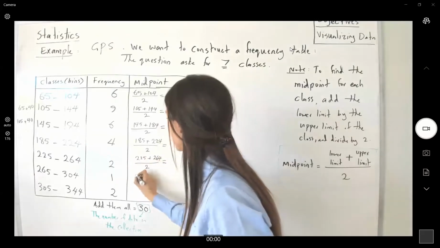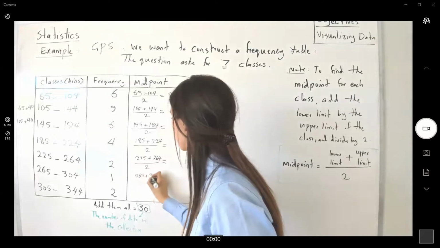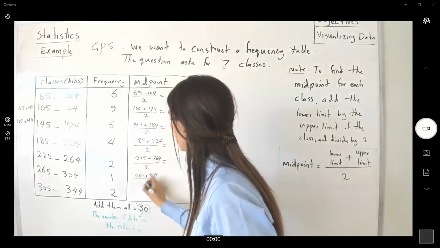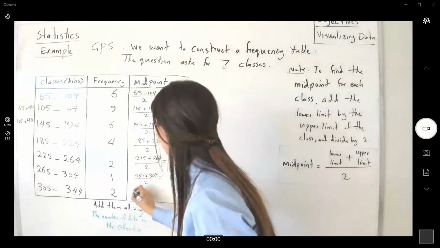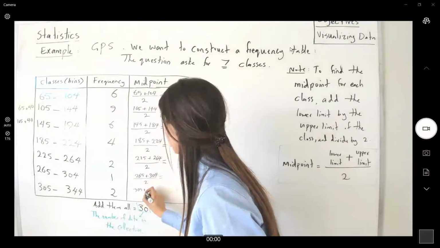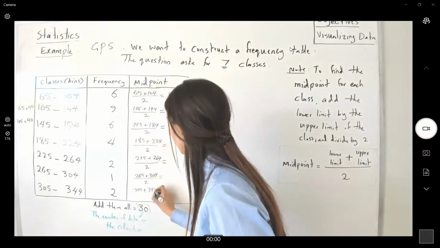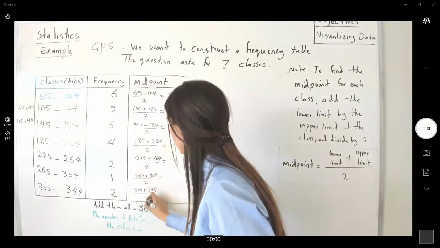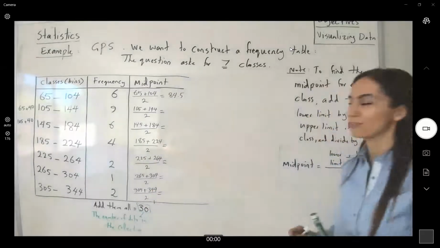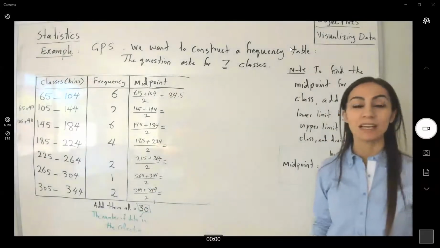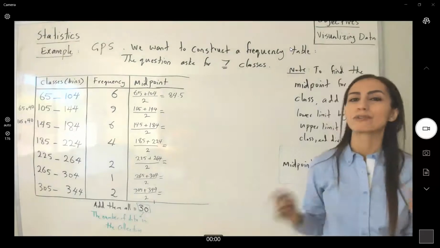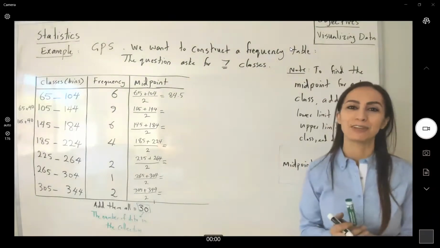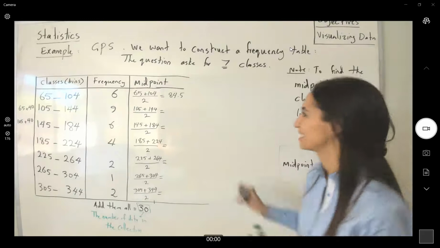Then 265 plus 304 divided by 2. And 305, the lower limit, and the upper limit, 344, divided by 2. To find the midpoint for each class, again, midpoints are great representatives for each class.